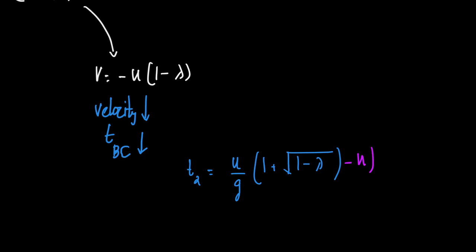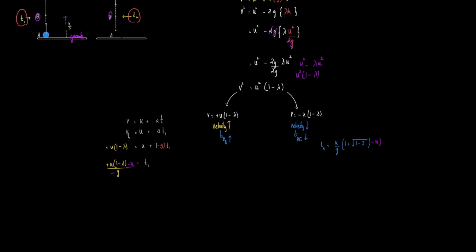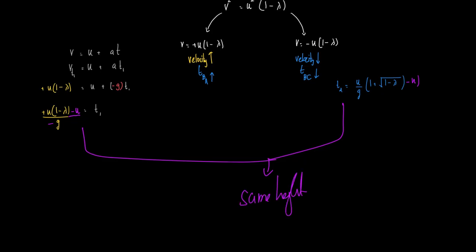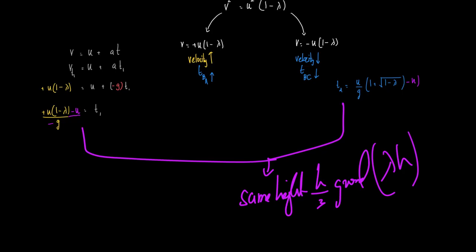So we found the expressions for two time instances, t1 and t2, which correspond to the same height h by 3 from ground for any fraction of height lambda h. Hope that makes sense.